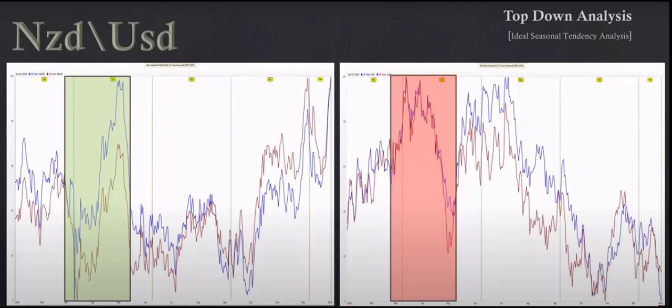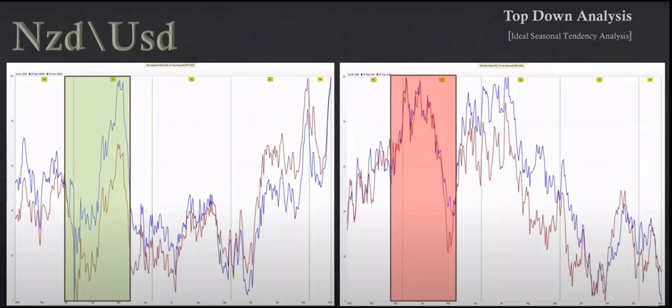I'm only focusing on the highest ideal long-term setups. I'm not looking for every possible scenario for a seasonal play, but for long-term analysis, we are focusing only on the most obvious ones that jump off the chart and have historical data to support them. And again, because it's a tendency, it doesn't mean it's going to happen every single year.